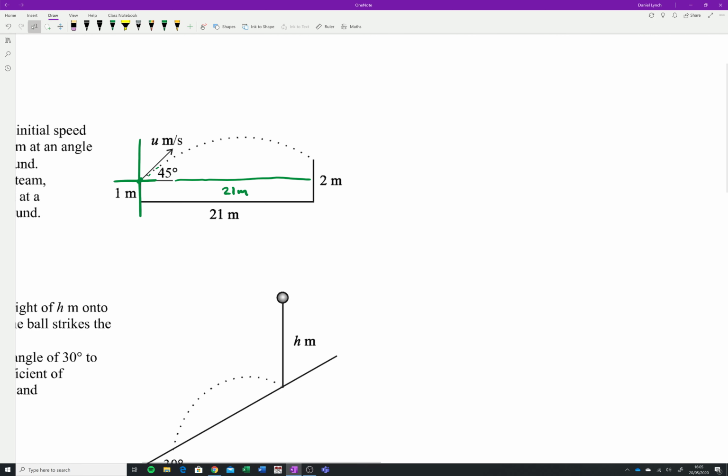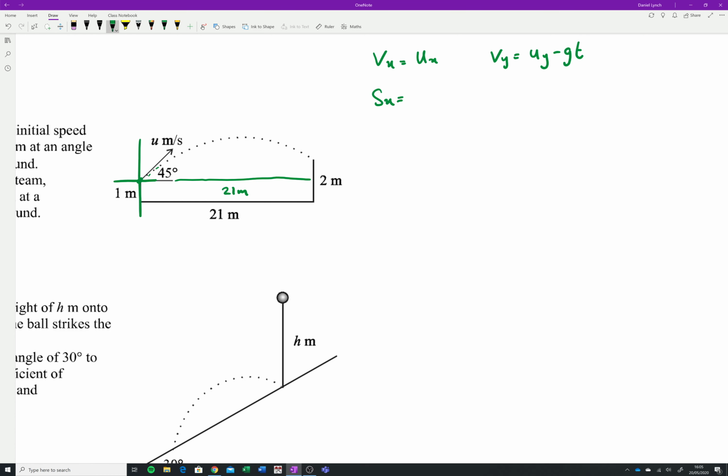Okay, things that you may have forgotten that I don't think are in the tables book: Vx is equal to Ux, and Vy is equal to Uy minus gt.